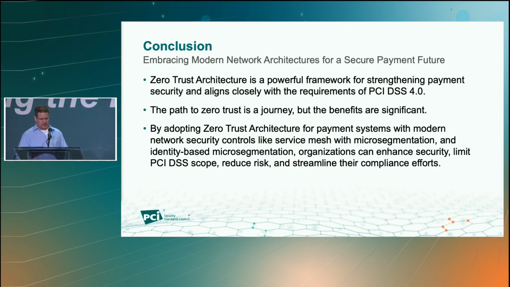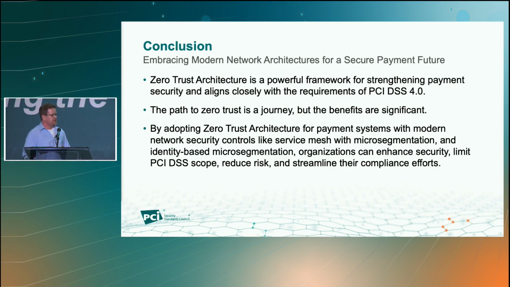In conclusion, service mesh and other modern network security controls that can enforce the zero trust posture are well suited for the payment environment. Adoption of zero trust and these modern controls is certainly going to be a path to adoption. But implementing identity-based micro-segmentation for microservices in a payment system during the initial phase of adoption, the benefits can be quite significant.